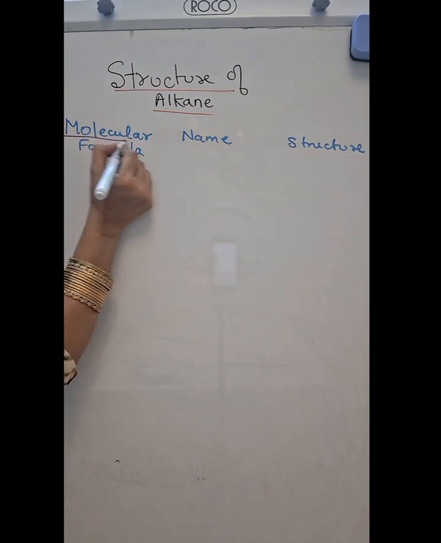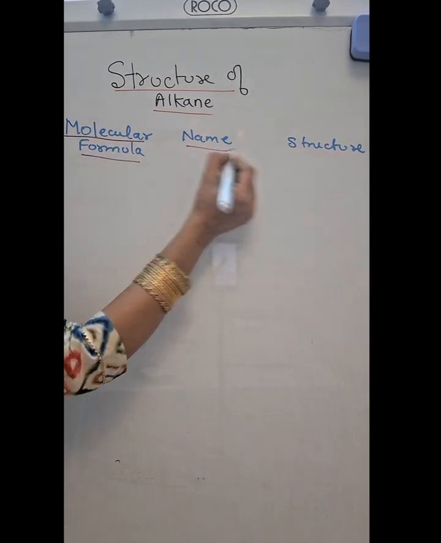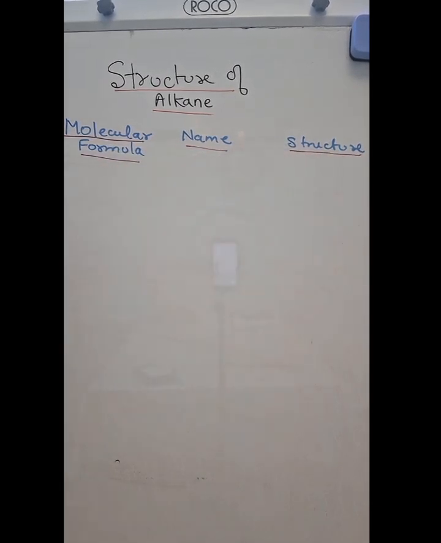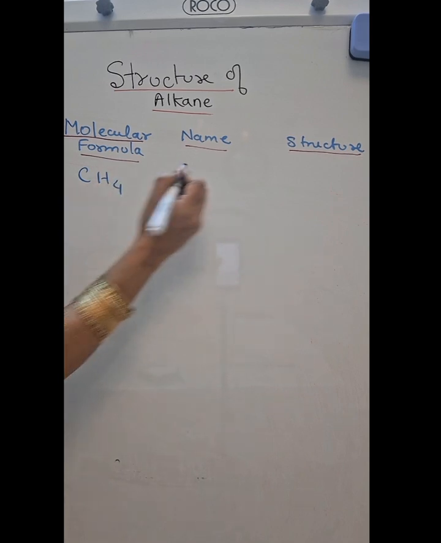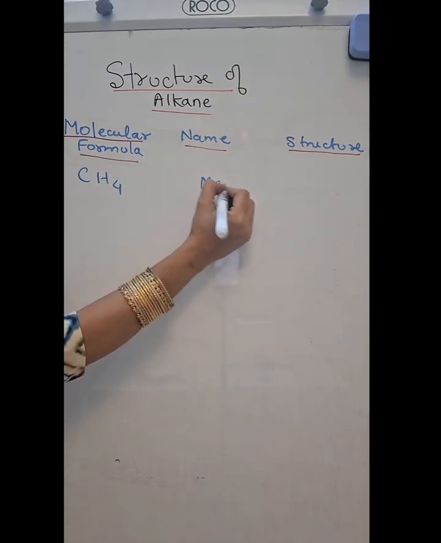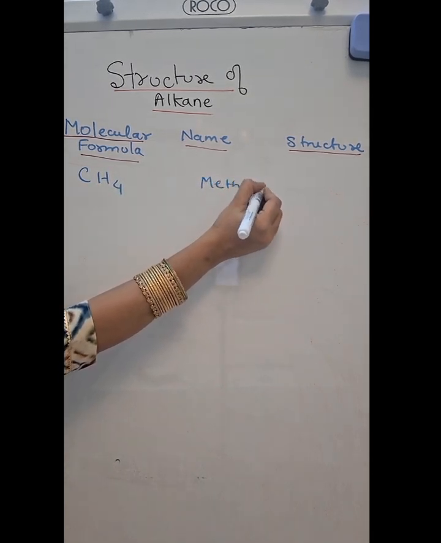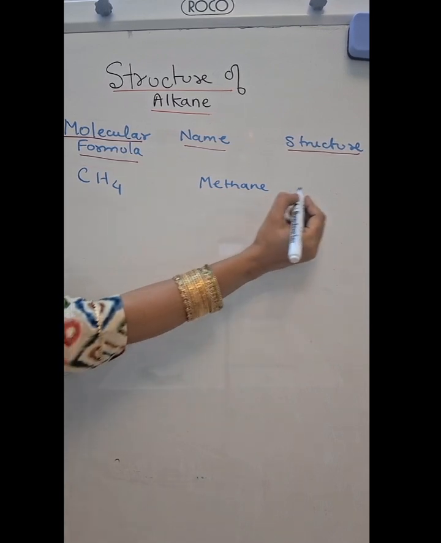Now, suppose the molecular formula of alkane is CH4. Since it is a one carbon alkane, its name will be methane. Okay. Now, how to draw the structure?